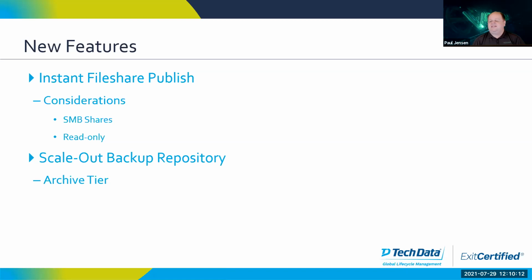Last but not least, there is a new feature with the scale out backup repository. Now, this is one that I will not be able to actually fully demo to you. I can show you up to a point, but there's a new feature on here called the archive tier. Now, in 9.5, what was it, update 3, update 4, Veeam introduced the capacity tier.